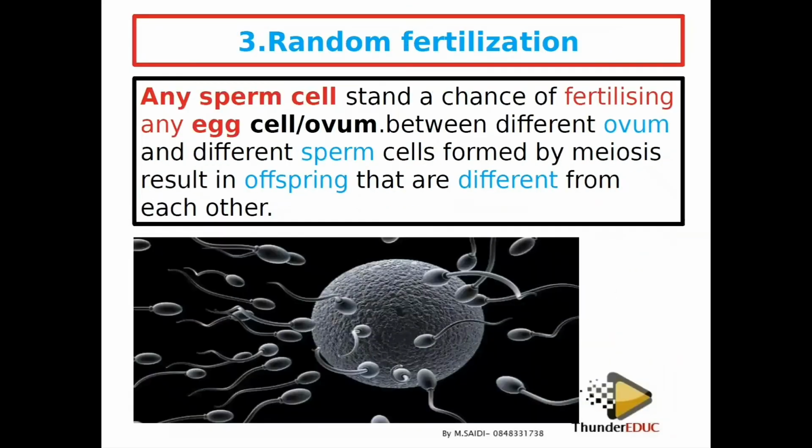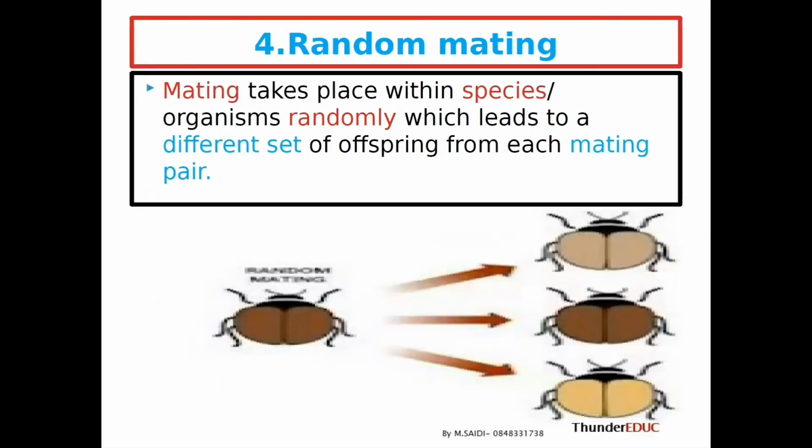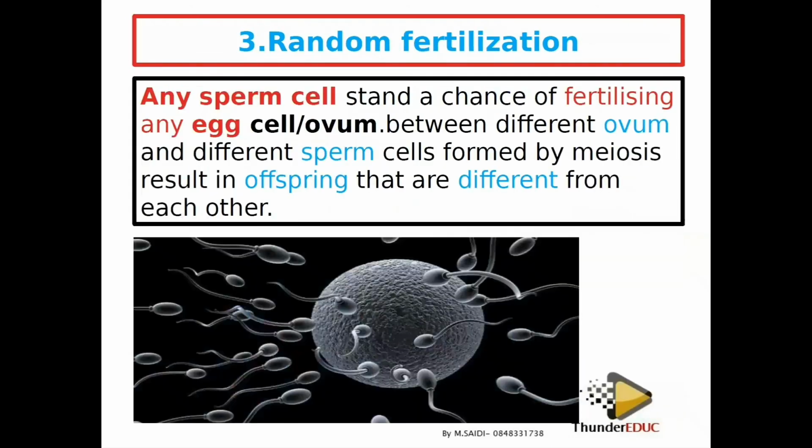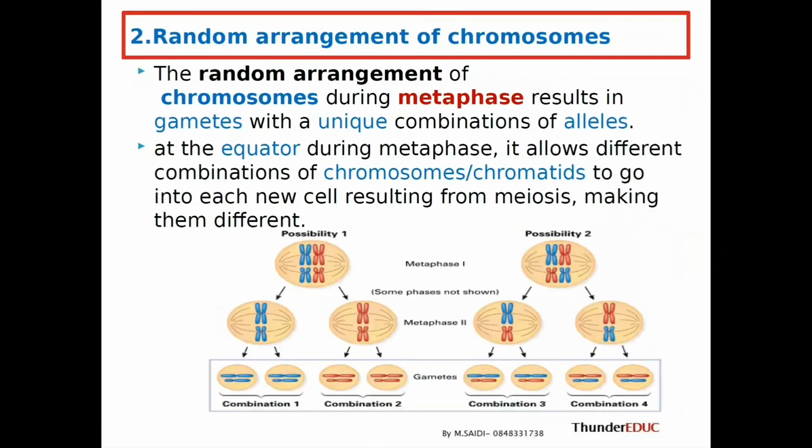You can read them on your own. Random fertilization, random mating. You can see phaya eziyabhitlezi phaya ingamitha noba yeyiphi kweziyabhitlezi phaya. And then lastly, number 5, we're having mutation.